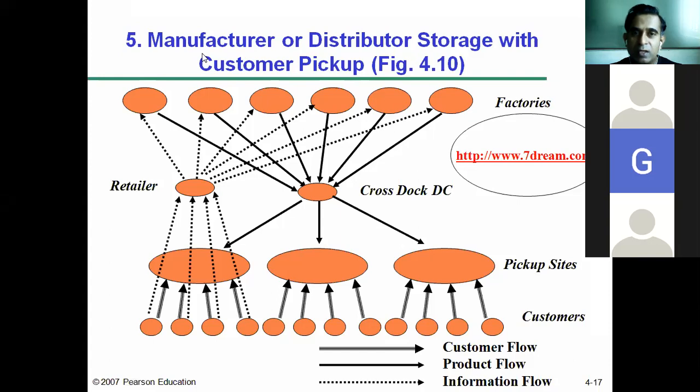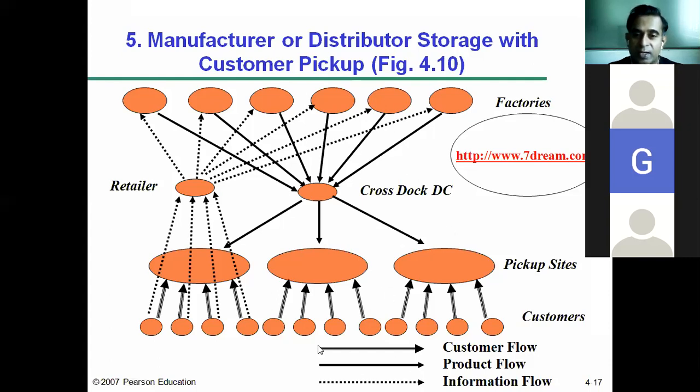So the inventory of finished goods will remain with either the manufacturer or the intermediary, with customer pickup. In this case, the home delivery will not be made. Rather, the customer will go to a pickup site and pick up the product which has been received by the pickup sites.